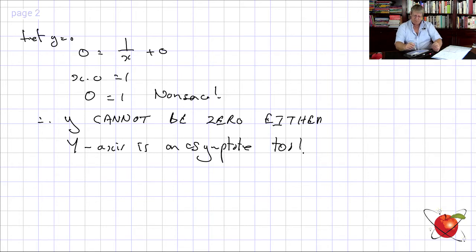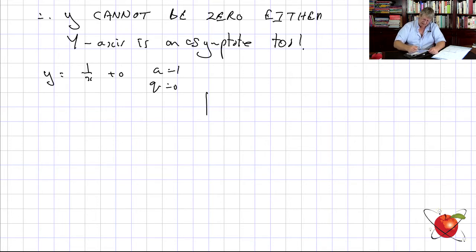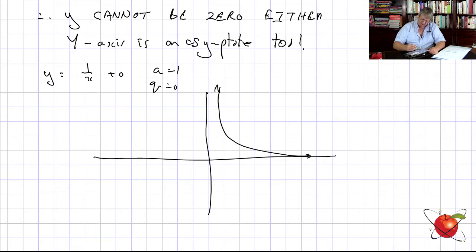So for a hyperbola, let's draw just the simple hyperbola y equals 1 over x plus 0. A is 1 and q is 0. And our graph looks like this, getting like that. And we plot these points here, 1 and 1, and minus 1, like that.